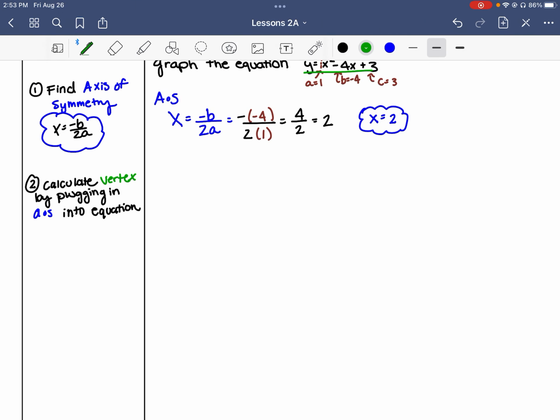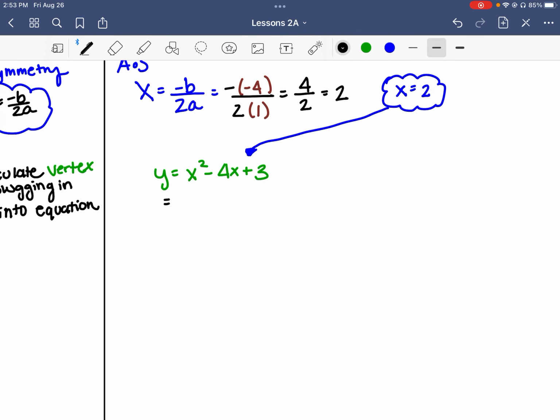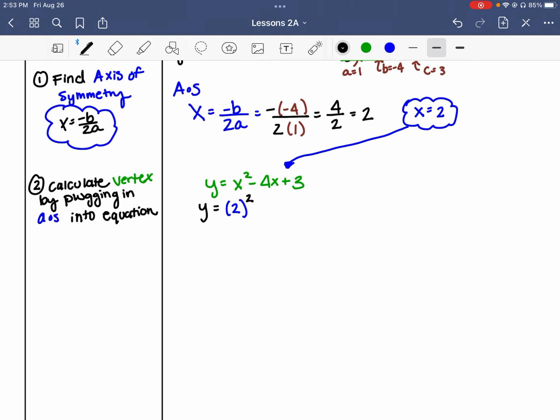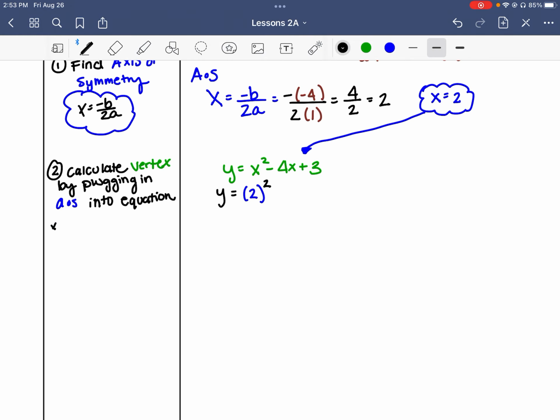So here our equation, y equals x squared minus 4x plus 3. Now I'm going to plug this in back over here anytime I see an x. So y equals, I see an x. So instead of x, I'm going to plug in 2. And remember, we're using parentheses to keep our work nice and neat. So I'll add a little asterisk right here. Use parentheses.